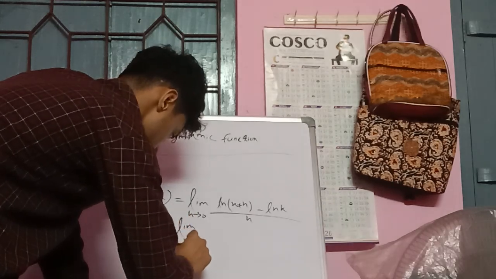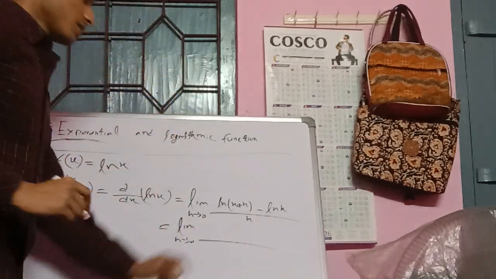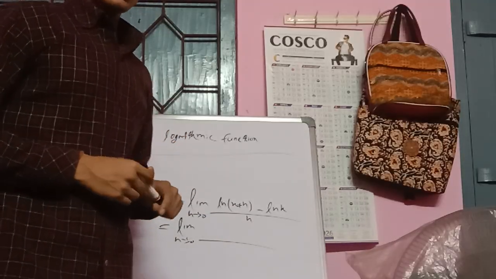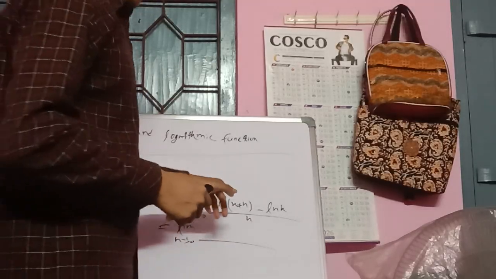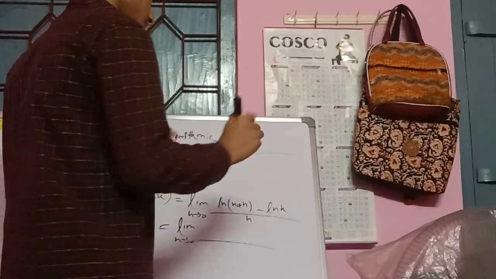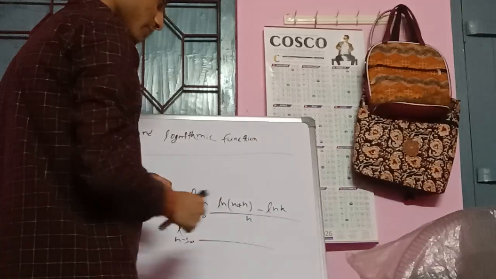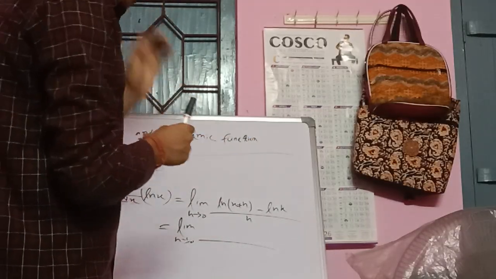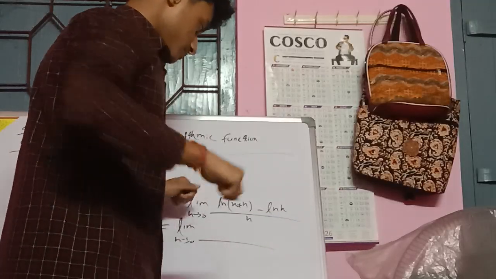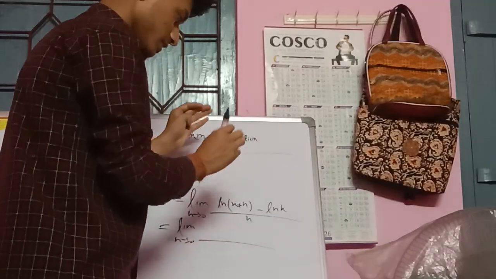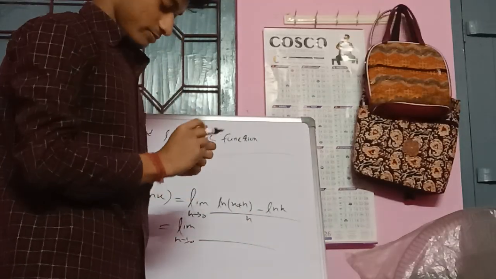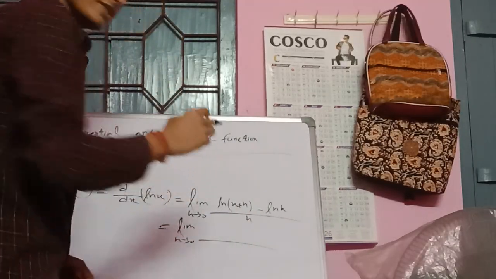Then the limit as h tends to 0. Now, if you have studied logarithms, you probably remember there is a logarithmic property that says the subtraction of two logs equals the log of the ratio of the two numbers the logarithms were originally taken of.